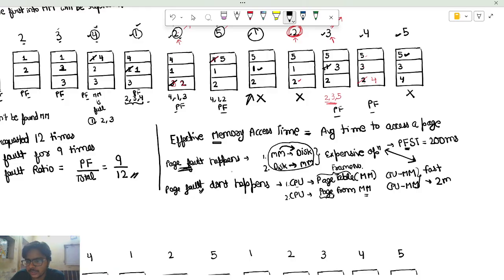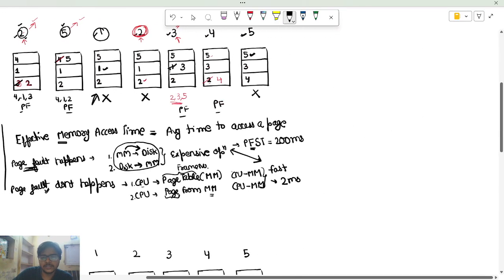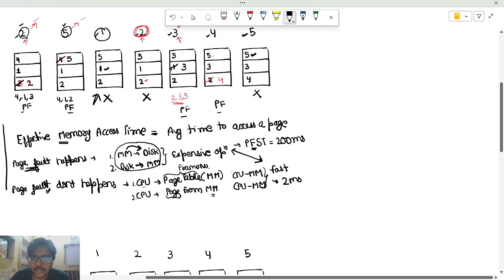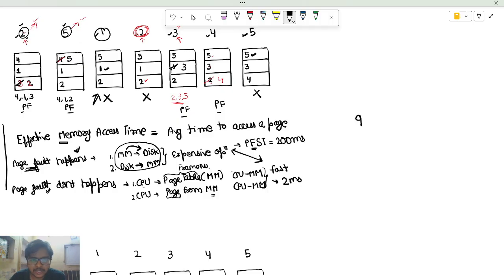Let's say only 2 milliseconds. Now you can calculate. 9 page faults happened, and whenever a page fault happens it takes 200 milliseconds. So 9 into 200 is 1800 milliseconds.